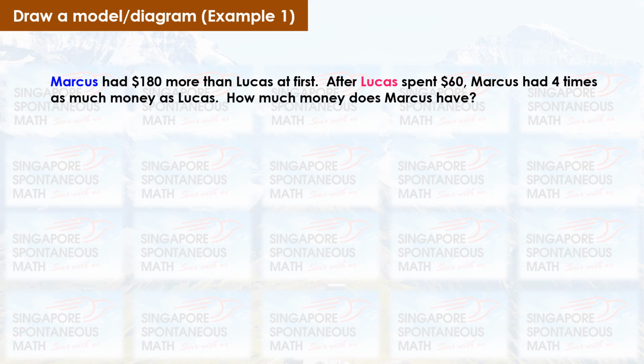Marcus had $180 more than Lucas at first. After Lucas spent $60, Marcus had 4 times as much money as Lucas.